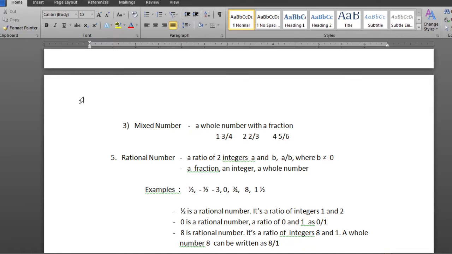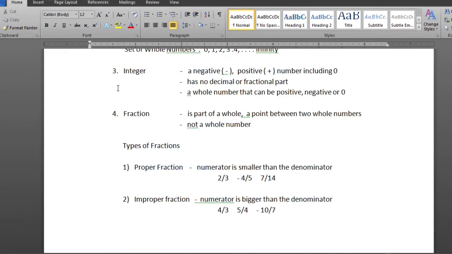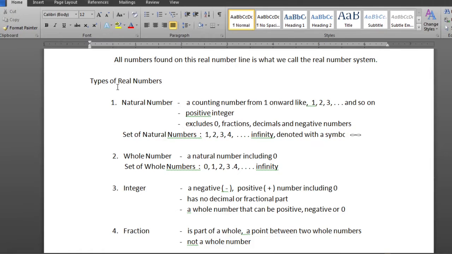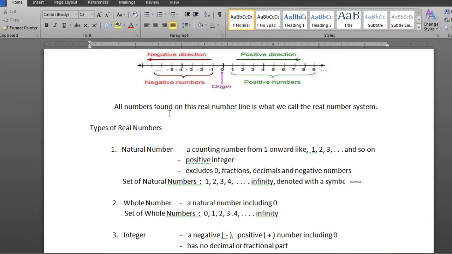So let's go back to the real number line. It says that a rational number can be a fraction, it can be a negative number, it can be 0, it can be a positive number.